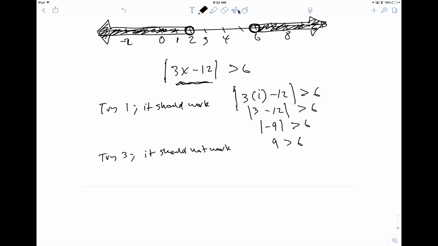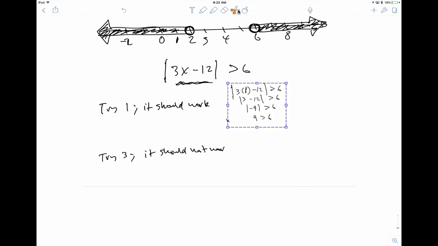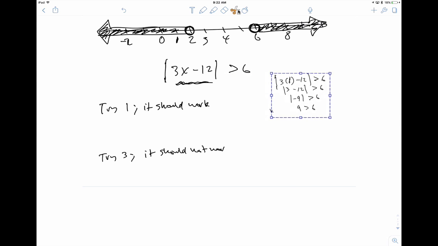So we thought that 1 should work, and 1 does work. I'll just shrink this for now. So it worked. We're happy.